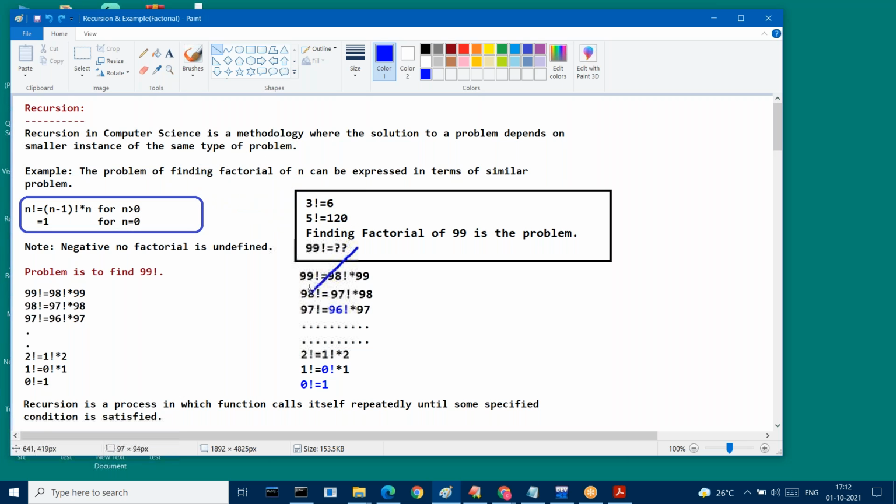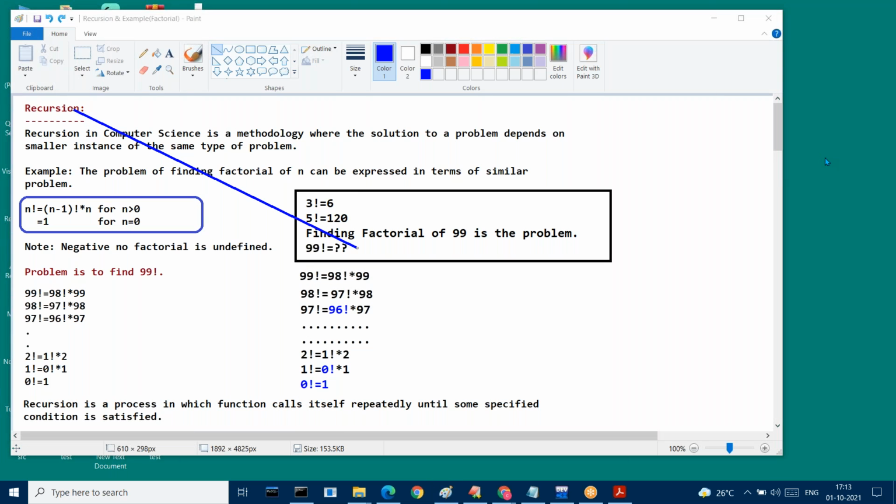Factorial means the smaller instance is also factorial, but smaller, smaller, smaller. In this way, one day we'll get the solution. This is nothing but known as recursion. That's why we said that recursion is a methodology where the solution to a problem depends on a smaller instance of the same type of problem.